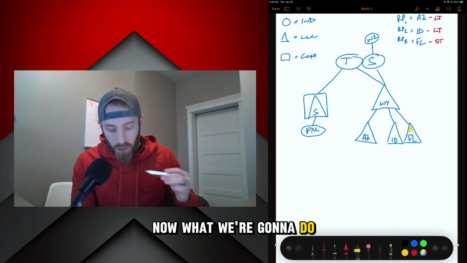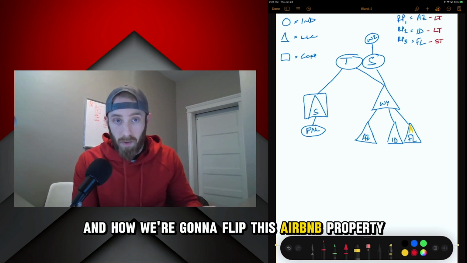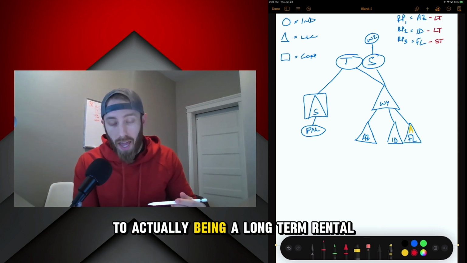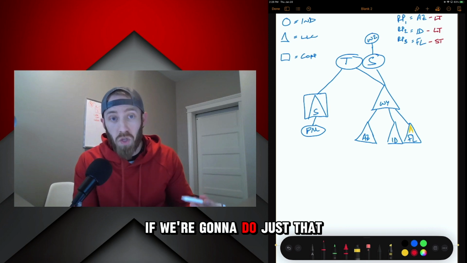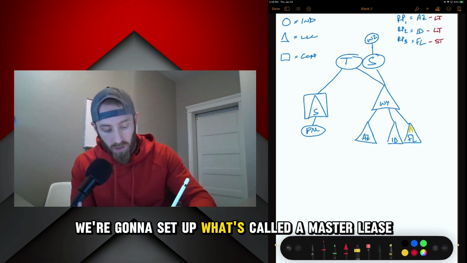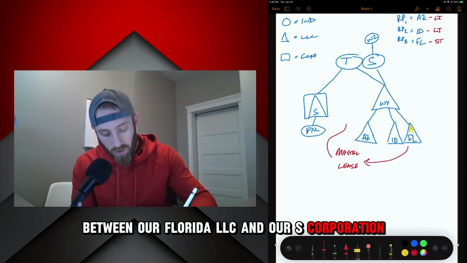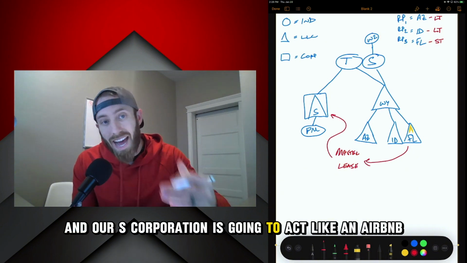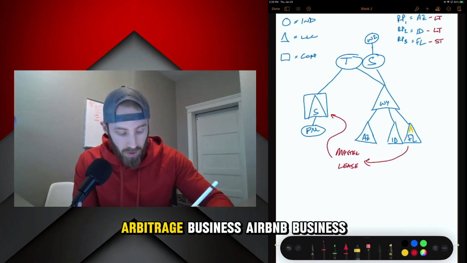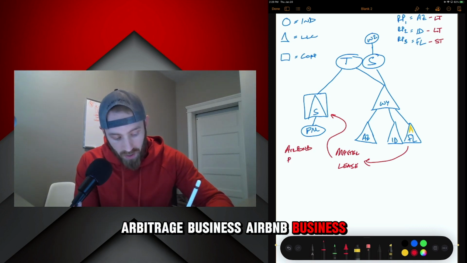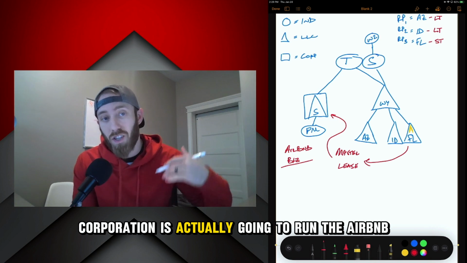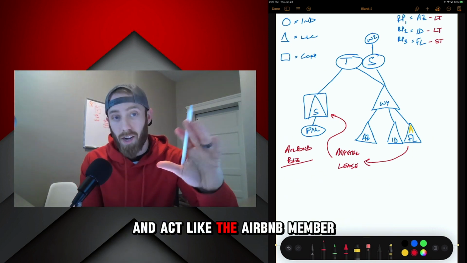Now, how we're going to flip this Airbnb property to actually being a long-term rental is we're going to set up what's called a master lease between our Florida LLC and our S Corporation. And our S Corporation is going to act like an Airbnb arbitrage business. So our S Corporation is actually going to run the Airbnb and act like the Airbnb host.